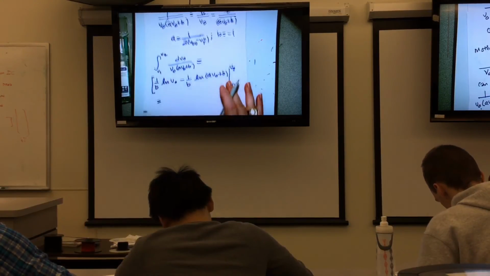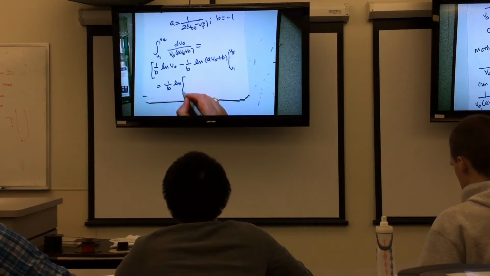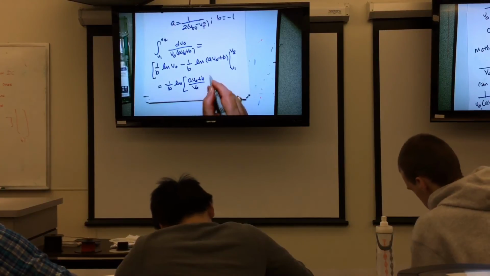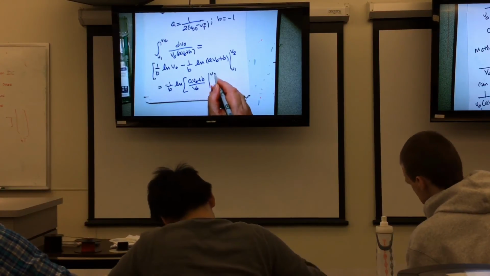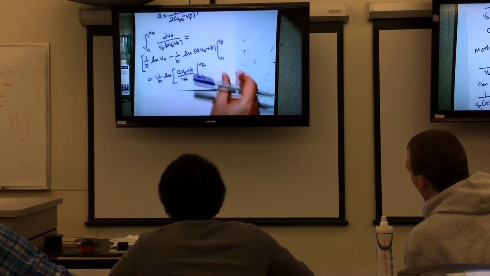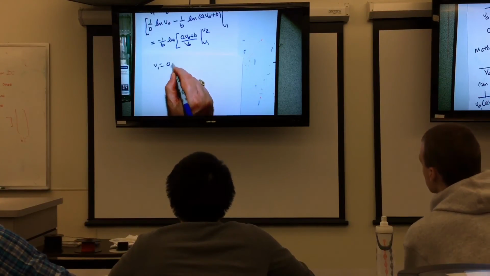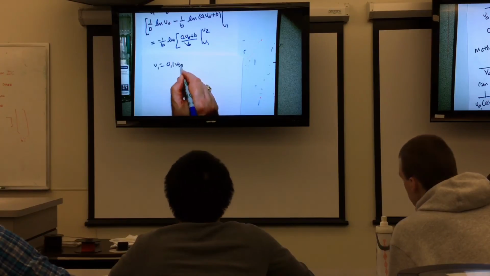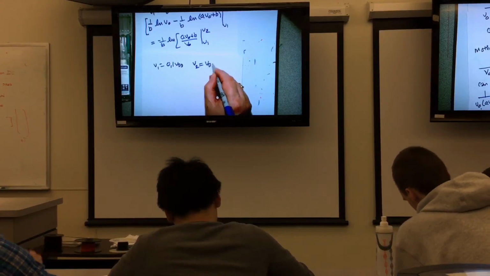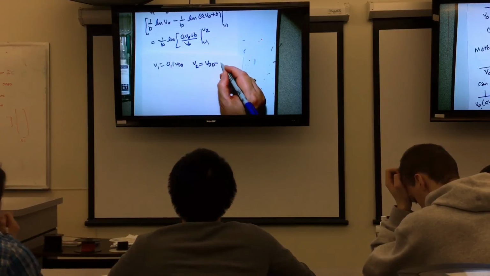Which is equal to minus 1 over B natural log of A V naught plus B divided by V naught, V1 to V2. And now for V1 and V2, I'll take V1 to be that 10% number, not the full value, because that would go to infinity. And V2 will be the full value.